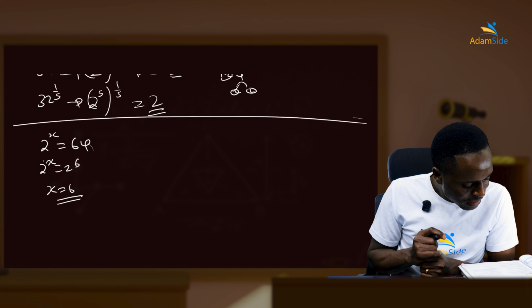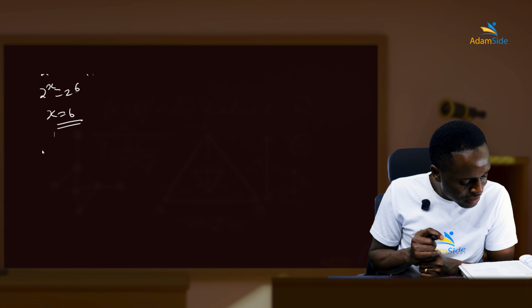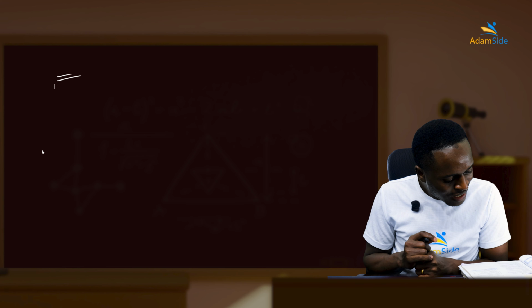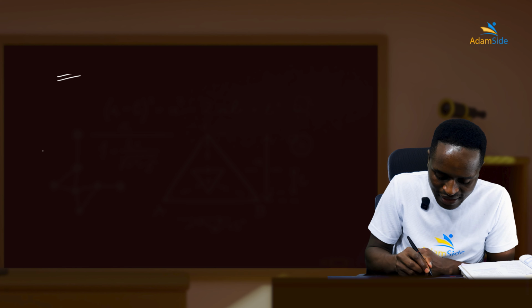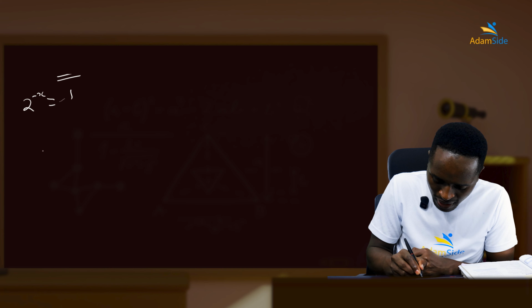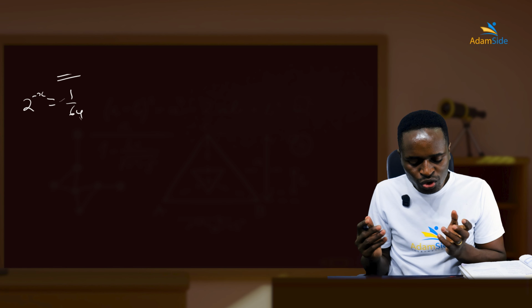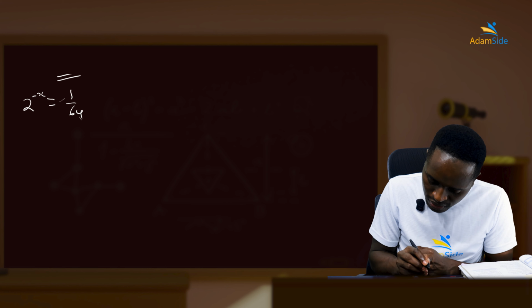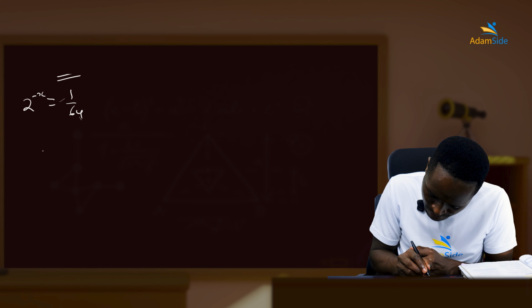Correct. You might have different scenarios. Let's say they say solve: 2 power negative x is the same as 1 over 64. You should not be shocked by this. Write it in the same form. The base here is 2, so also make the other base the same.